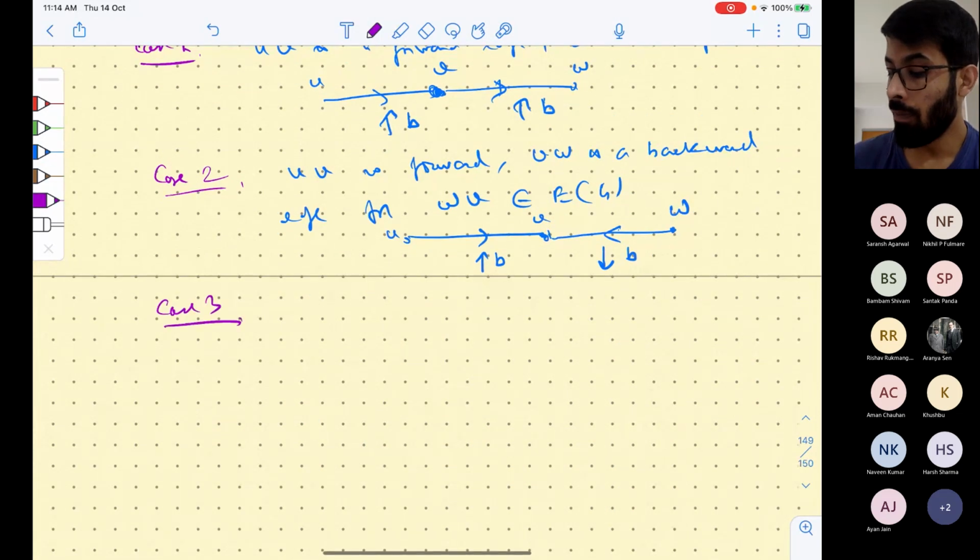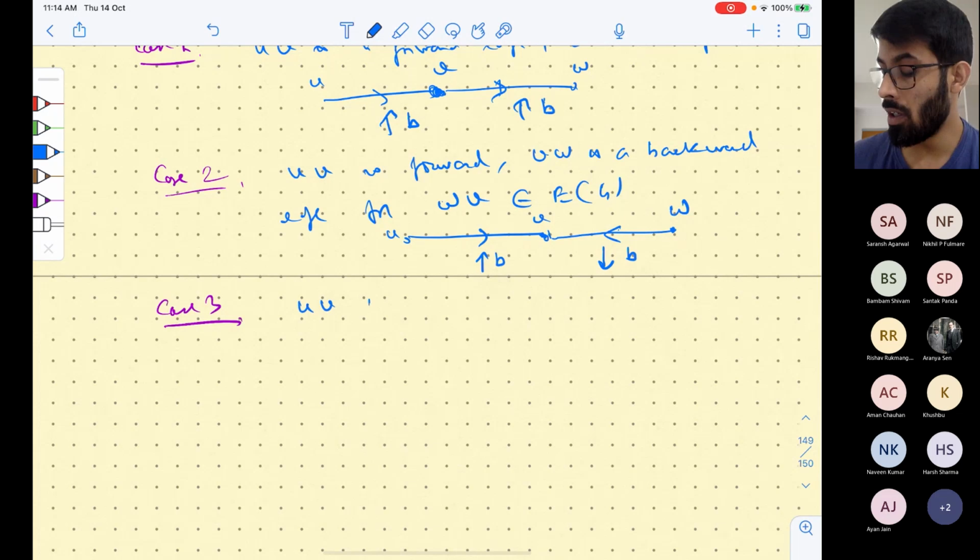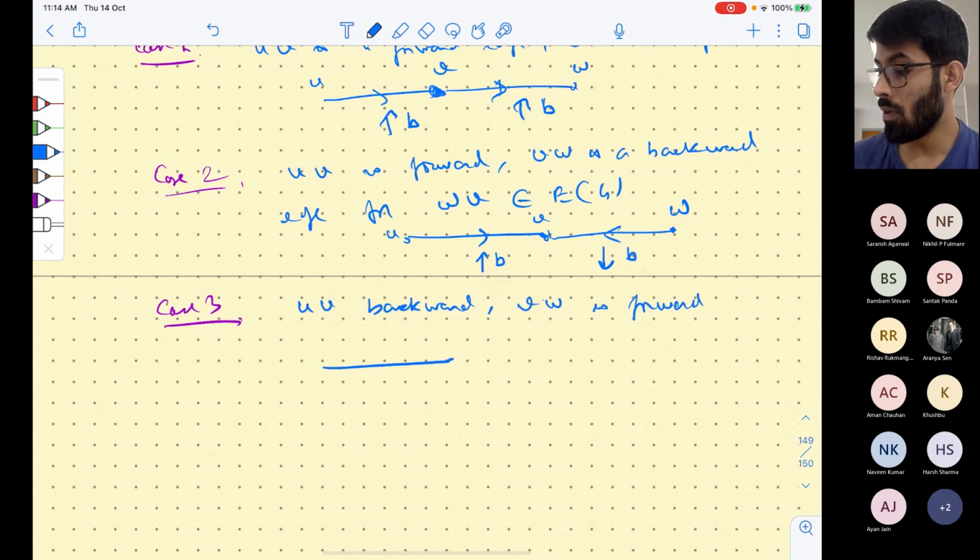Case 3 will be UV is backward, VW is forward. So again, this is backward and this is forward.